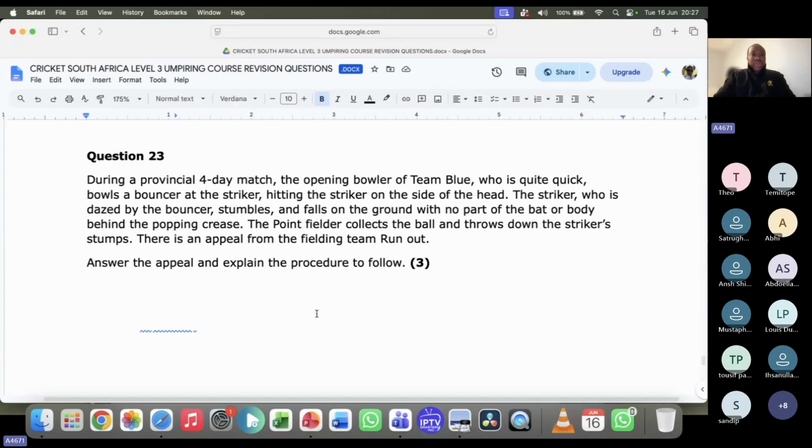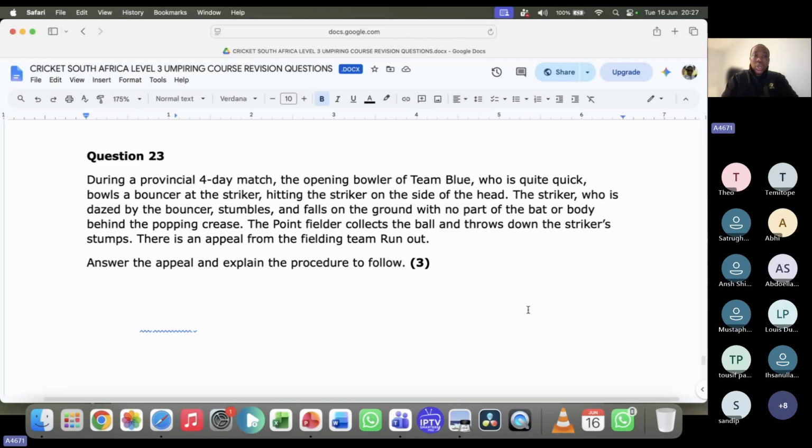3 more questions, Abdullah. Question 23. During a provincial 4-day match, the opening bowler of Team Blue, who is quite quick, bowls a bouncer at the striker, hitting the striker on the side of the head.